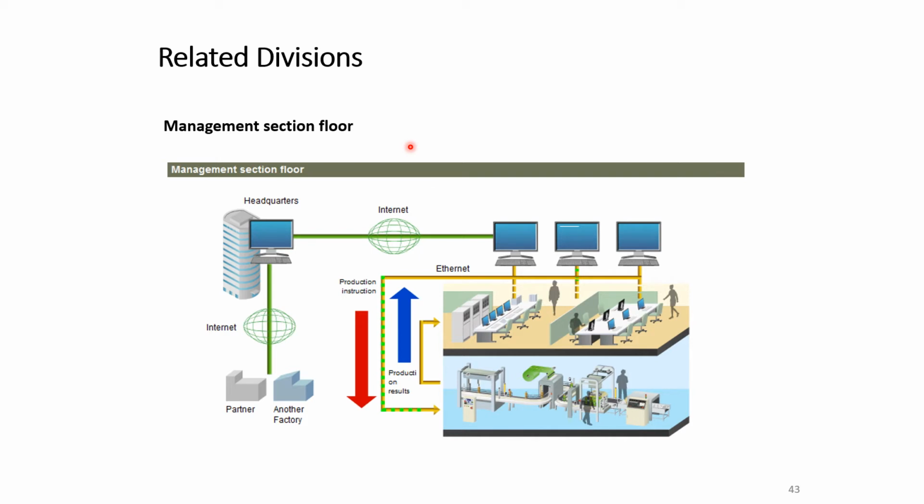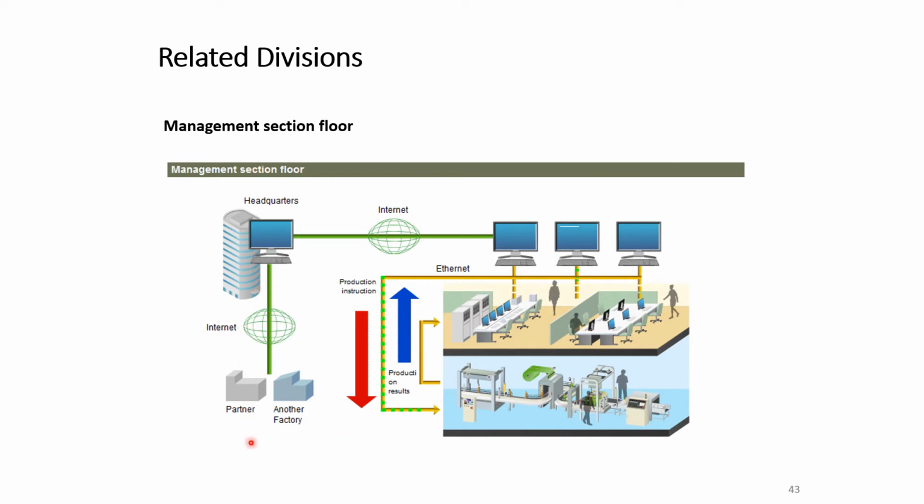So what are the related divisions? What do we have on the management section floor? On the management section floor, we manage the production line. So you see it's connected via production instruction or Ethernet to the manufacturing line.